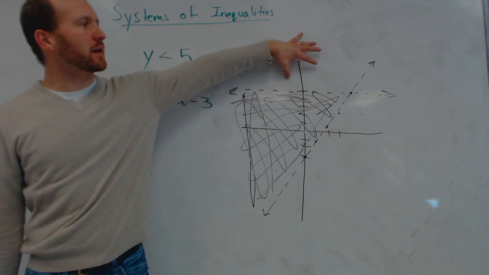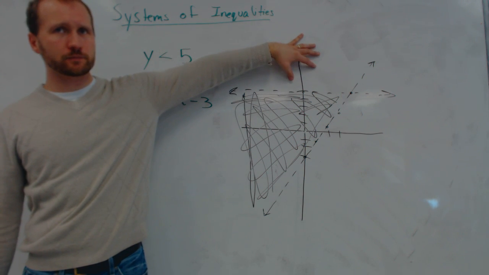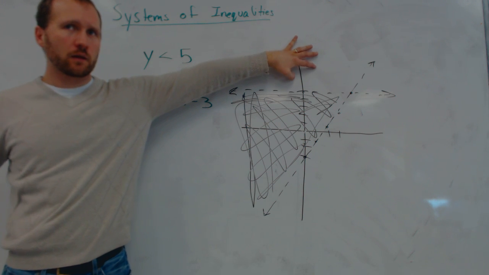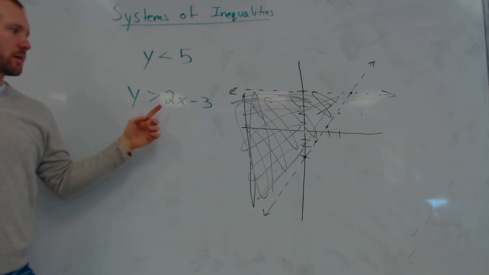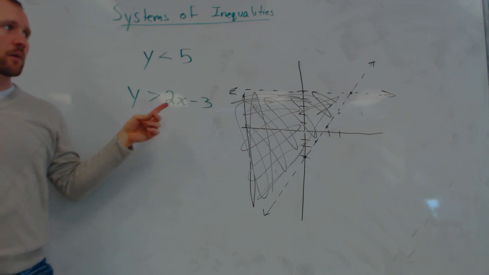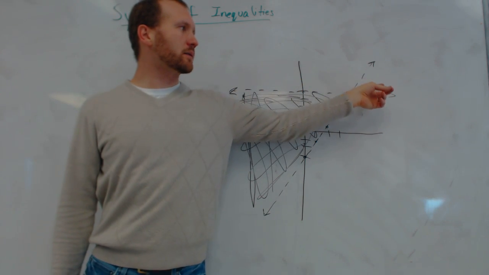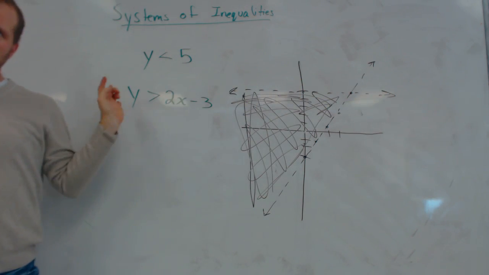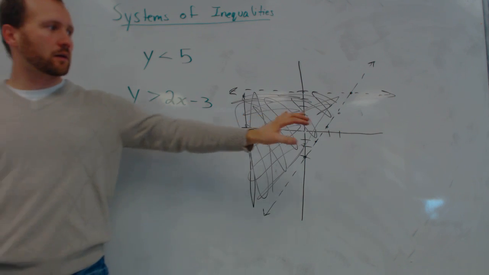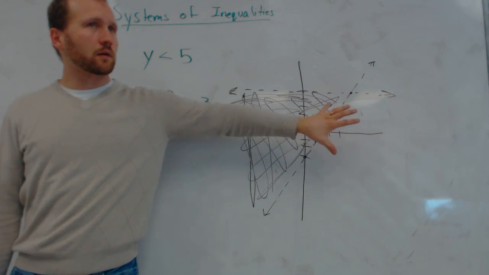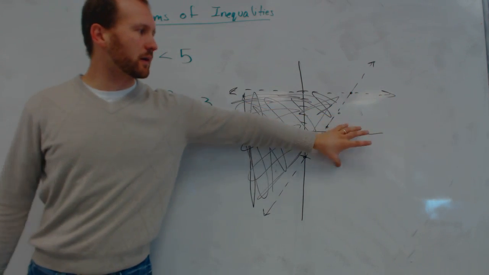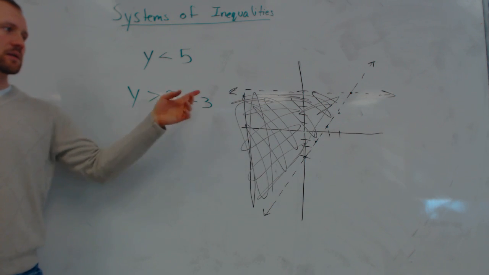Like what would be true of any point in this quadrant? The second equation? This one would be true, right? What would be true of any point in this quadrant? Nothing. Neither equation would be true. Then the third quadrant, it would be the top. Yeah, this one would be true here, but this one would be false. And this one is where they both are.